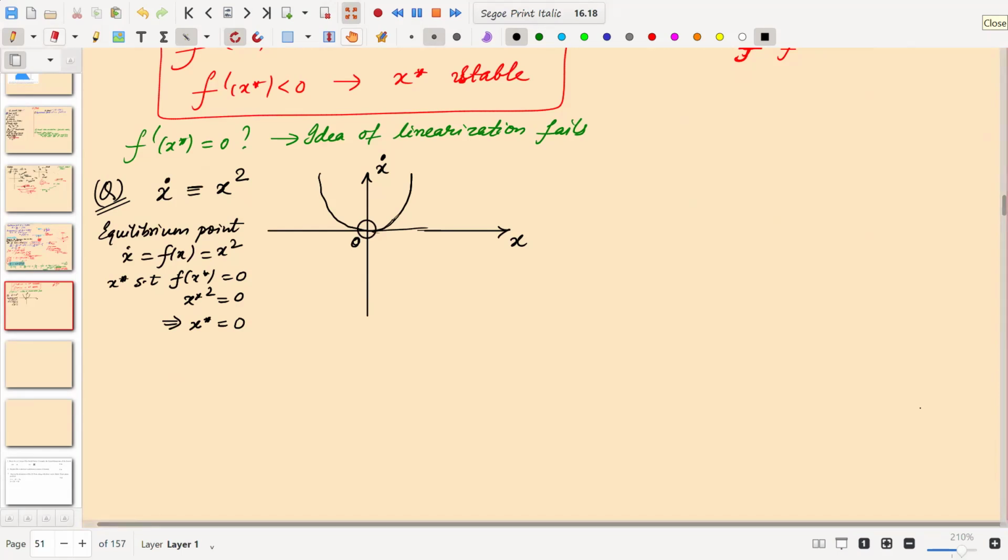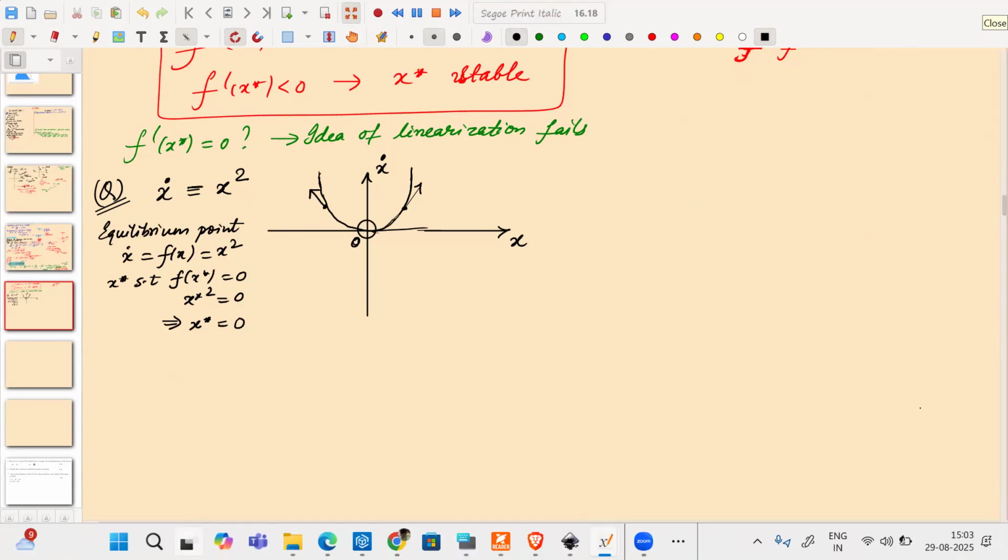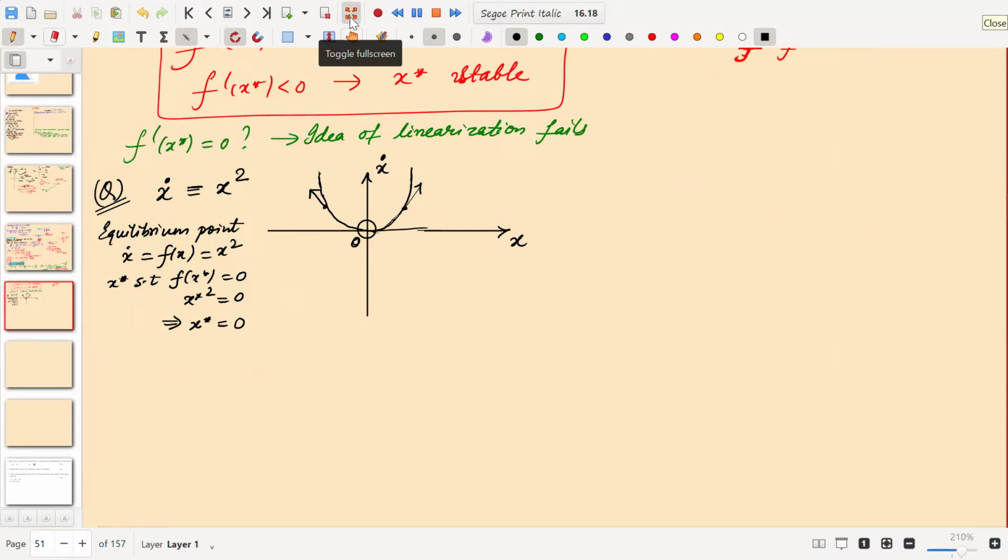Now see, this is your vector field, how it flows. At every point you can draw a tangent, and that will tell you where it is going, right? Is it clear?